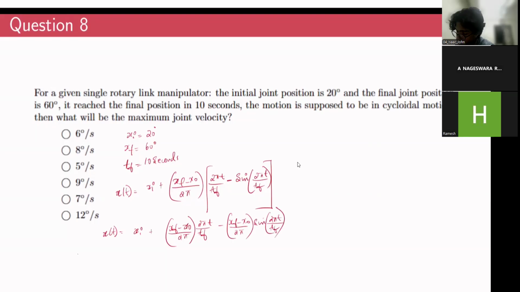So if I take the derivative of this with respect to time, the velocity x dot of t would look something like xf minus x0 by 2 pi multiplied by 2 pi by tf, minus xf minus x0 by 2 pi multiplied by cos 2 pi t by tf multiplied by 2 pi by tf.